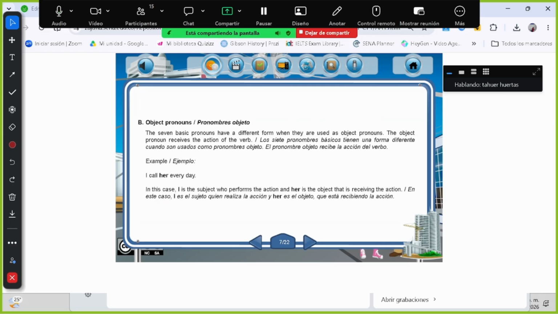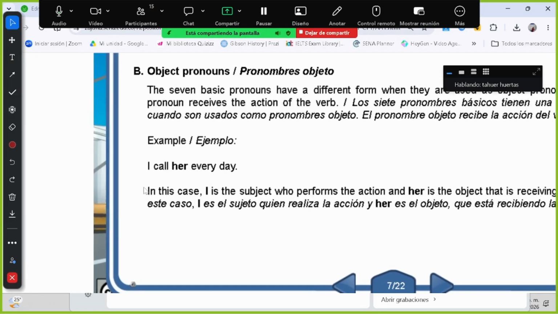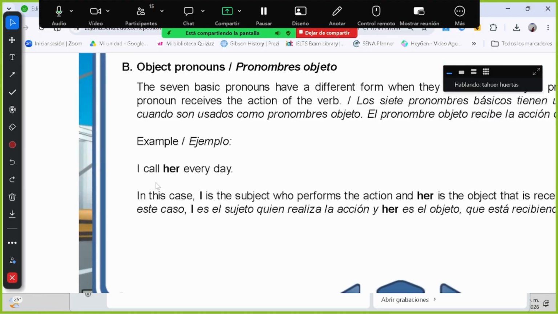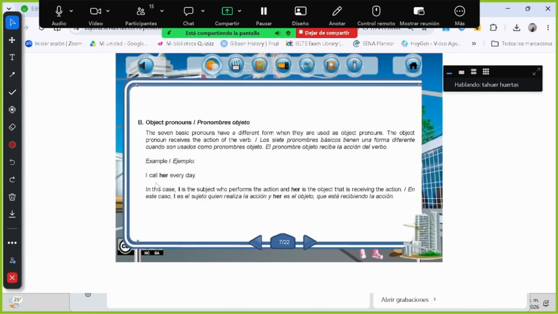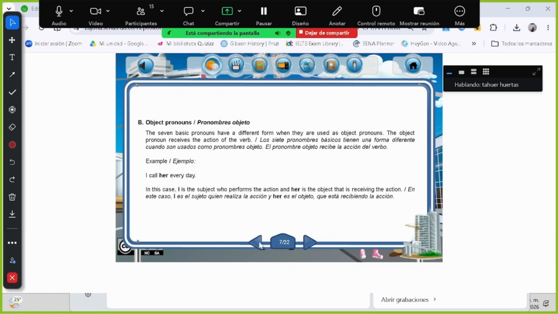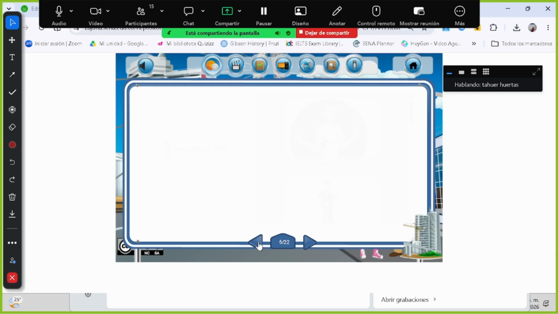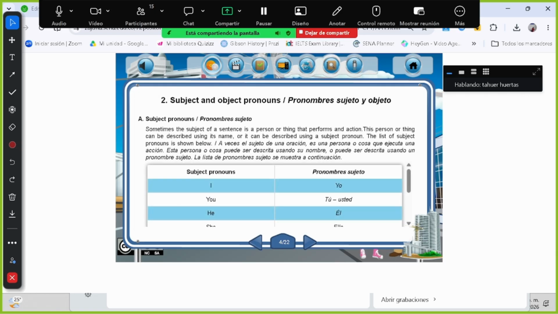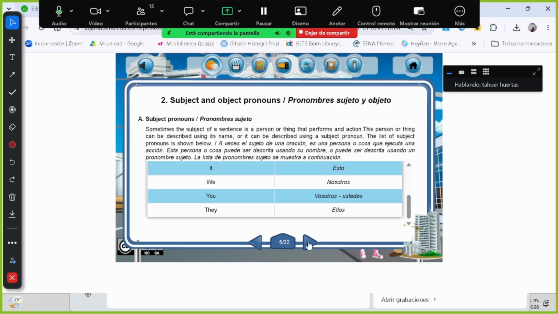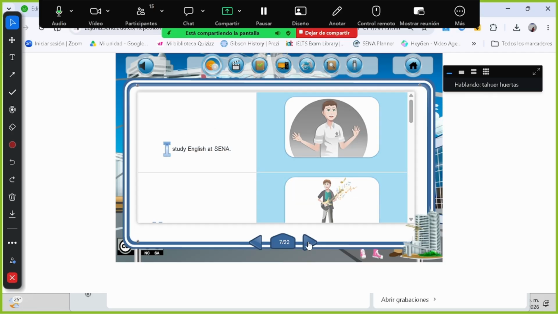Number 7, object pronouns. These are pronouns that are used as an object. Yes, very easy. For example, let me explain the difference between subject pronouns I, you, he, she, it, we, you, they, and object pronouns.